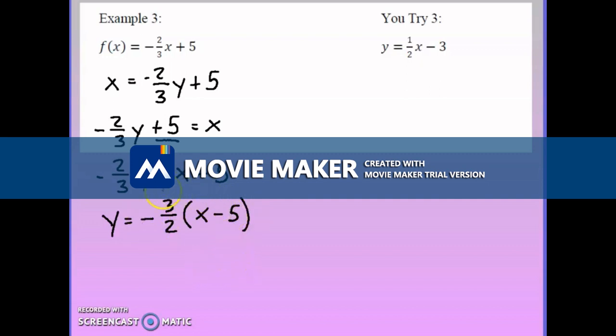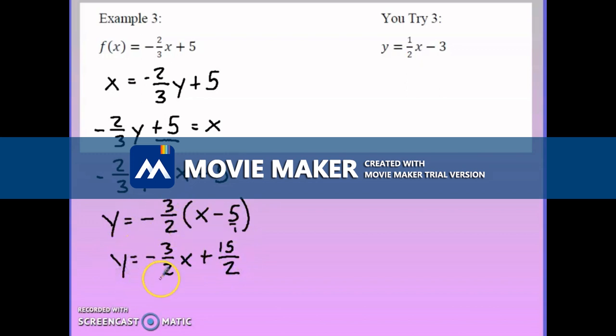Now, this might be an answer. They could distribute that, and if it's distributed, it would be negative 3 over 2x. Negative times negative would be plus. And remember, if you're multiplying a fraction times a whole number, you can put it over 1, so that would be 15: 3 times 5 is 15, over 2 times 1 is 2.